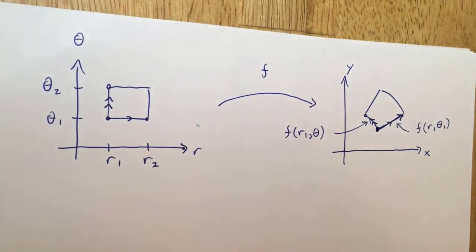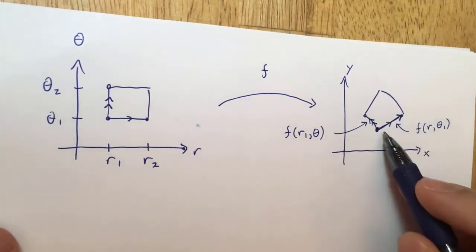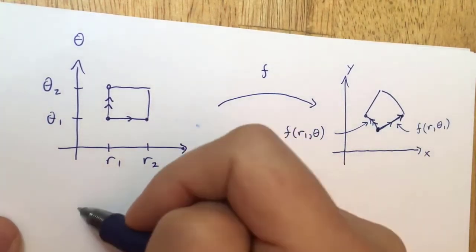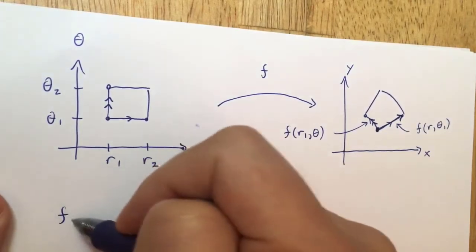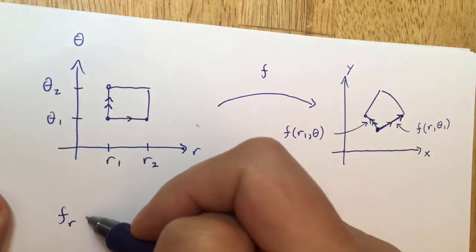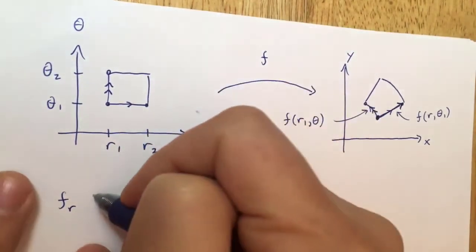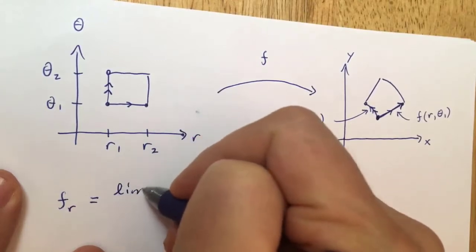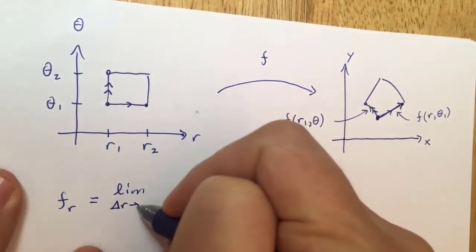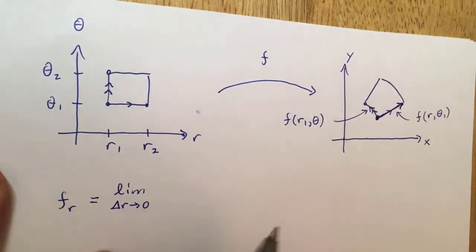Well, we're going to actually think about derivatives here. So let's just look at the r derivative of f. If I differentiate f with respect to r, what happens? Well, we know that the definition is that it's the limit as a small change in r goes to 0. And then we do a difference quotient where we just wiggle the r coordinate just a little bit by delta r.